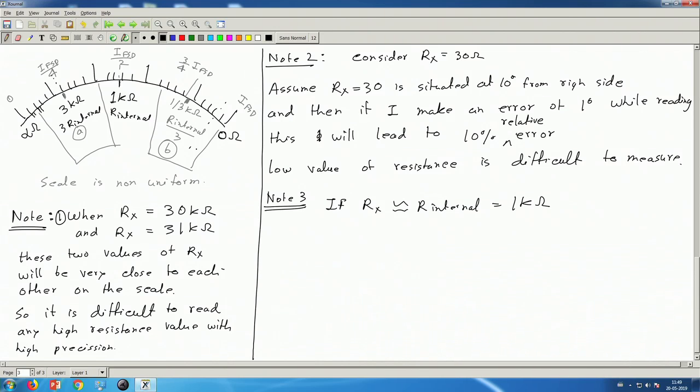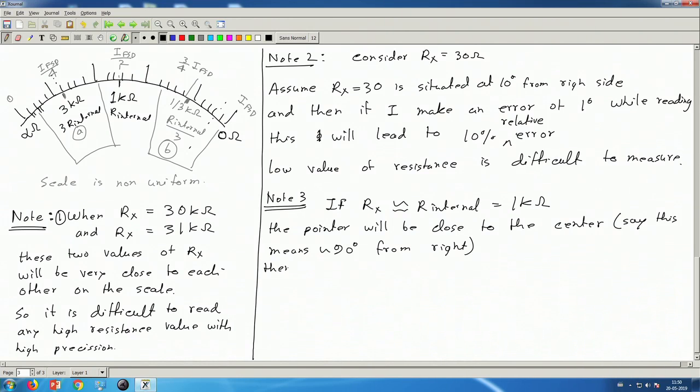So if Rx is equal to R internal, the pointer will be close to the center, and this means approximately 90 degree from the right.